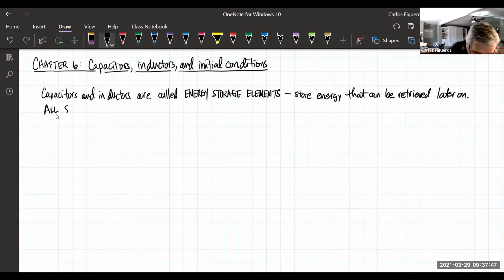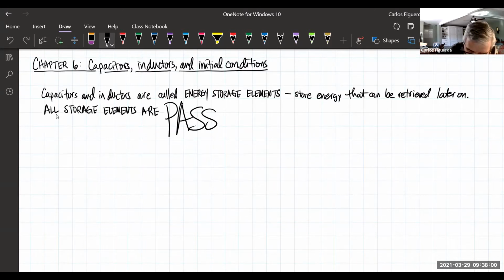All storage elements are passive. And I know you guys are going to come back and say, no, they're not, they can be active.